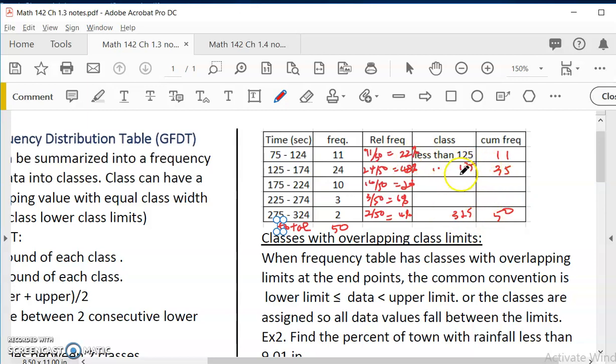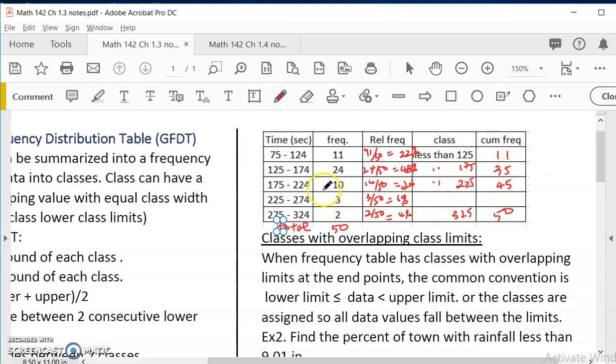So the second is less than 175. The third one will be less than 225, because all of these three classes are less than 225, right? How many are those? It will be 11, 24, and 10. So I add 11 and 24 and 10, so that would be 35 plus 10 is 45, right?